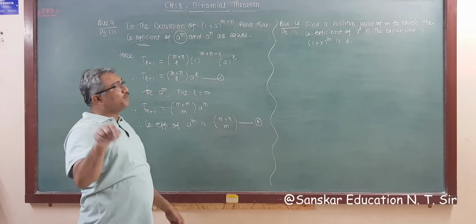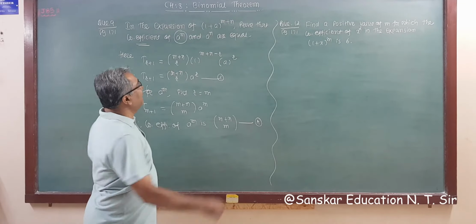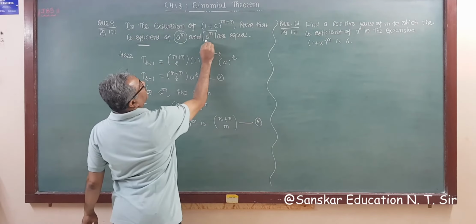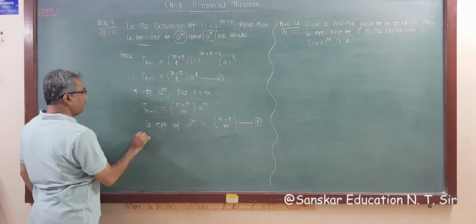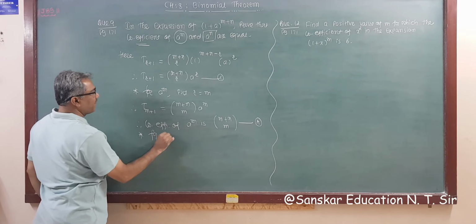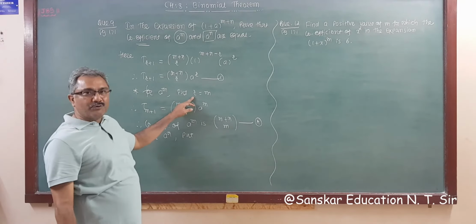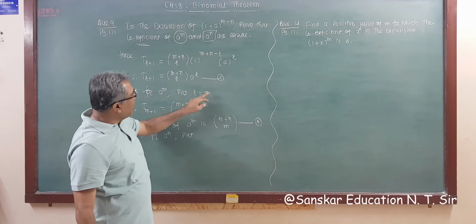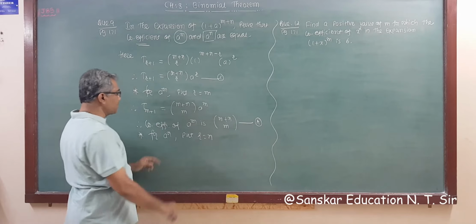Now we have to prove the coefficients of a^m and a^n are equal, right? So now our target is to find the coefficient of a^n. So for a^n, simply put r equal to n, because the power of a is n.